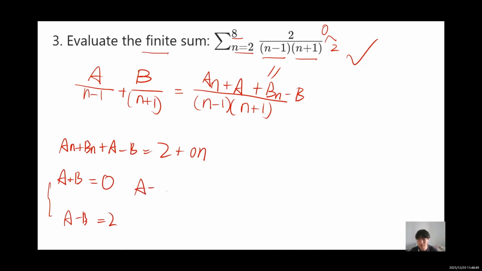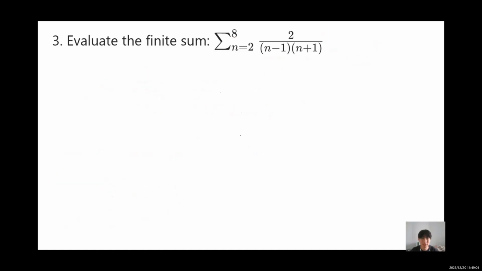So we can get that a equals 1 and b equals minus 1. And plug into the original expression. 1 and minus 1, minus 1 and plus 1.